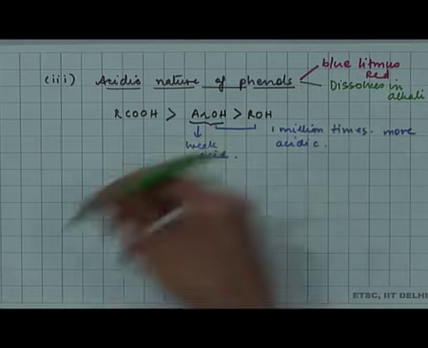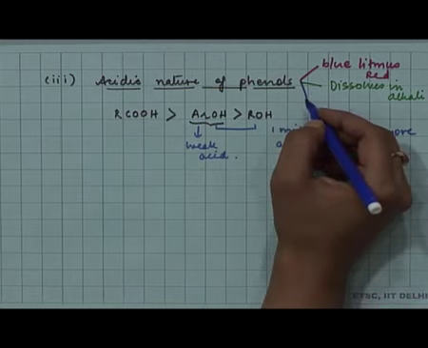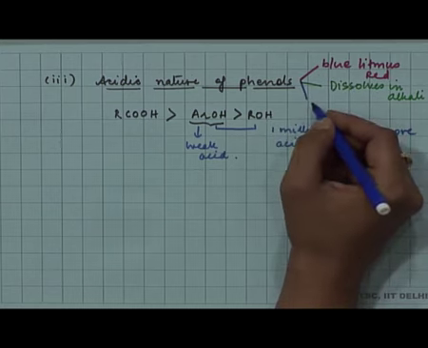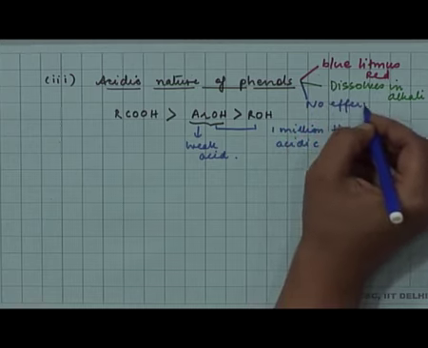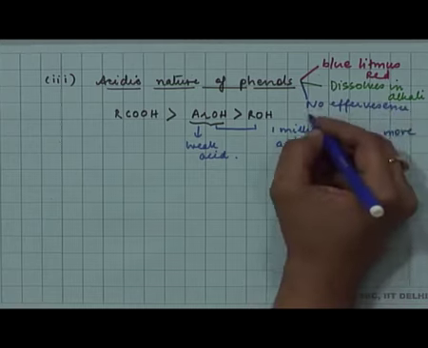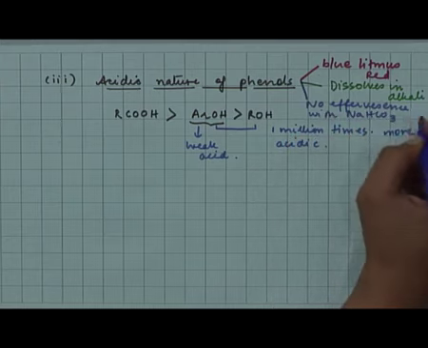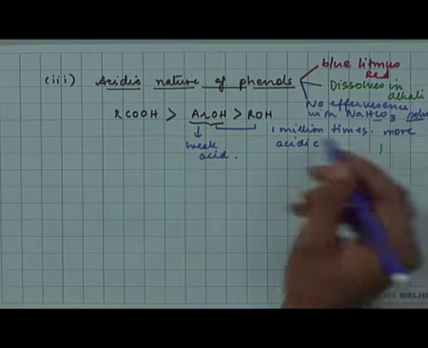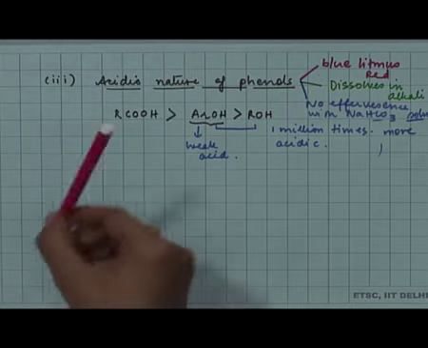The other thing, which is similar to an alcohol but different from a carboxylic acid, is that it gives no effervescence with sodium bicarbonate solution. It is not acidic enough to release carbon dioxide on treatment with sodium bicarbonate.